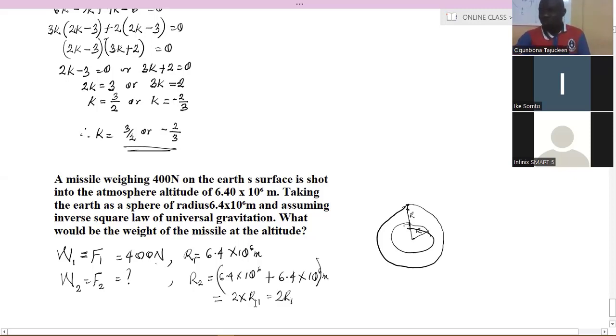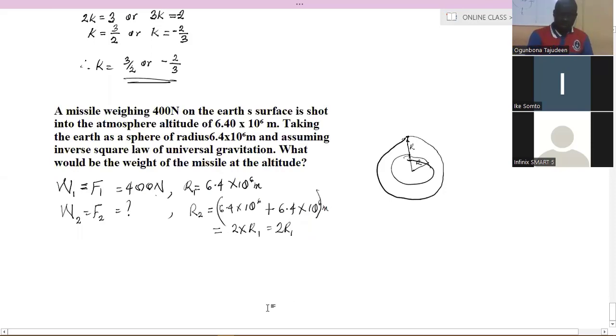Then from there, what we know is that if you write the whole formula, our F ordinarily is equal to GM1M2 all over R squared.